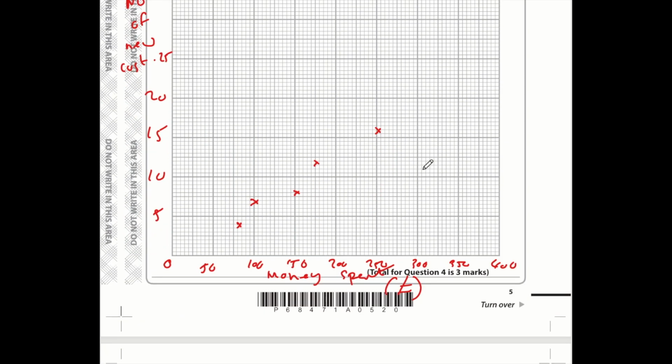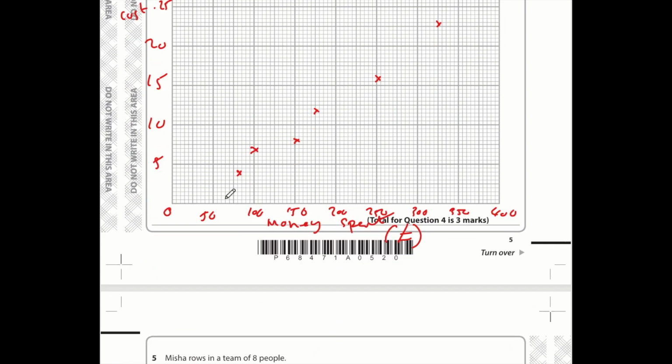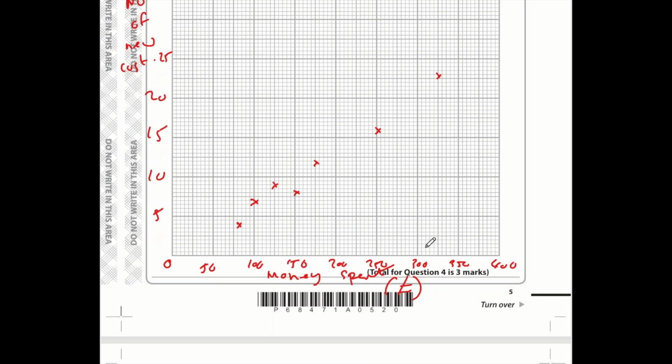325, 23: 325, 20, 21, 22, 23 is there. 125, 9: 125, 10, so down 2 for 9. And finally 290, 18: here's 290, so it's 2 to the left of the 300, and it was 18.